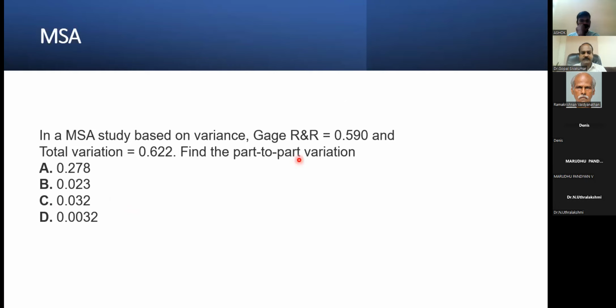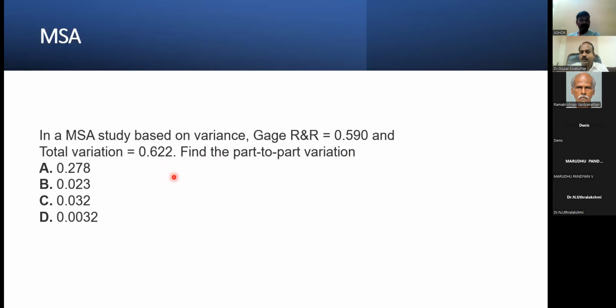Now, moving on to the next. In an MSA study based on variance, gauge R&R equals 0.59 and total variation is 0.62. Find the part-to-part variation. I hope all of you know that the total variation is always equal to measurement variation plus part-to-part variation. All of you agree with this equation?